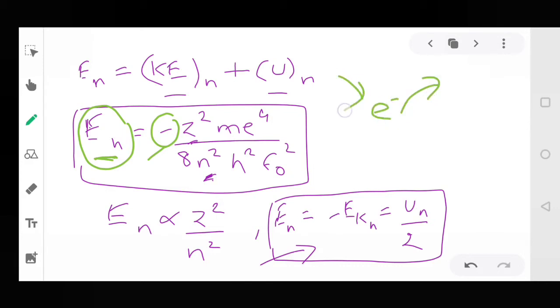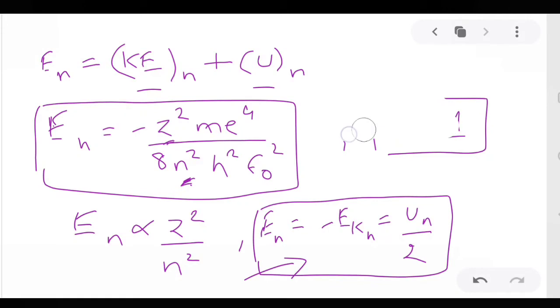So that explains the stability of the electron inside an atom. This negative sign explains the stability of the electron inside the atom. Extra energy from an external source will be required to remove the electron, since the electron is bound to the nucleus. So this is the significance of the negative sign of total energy.